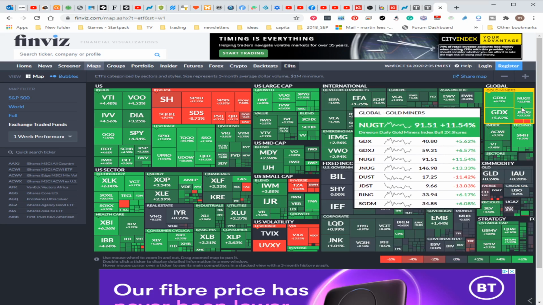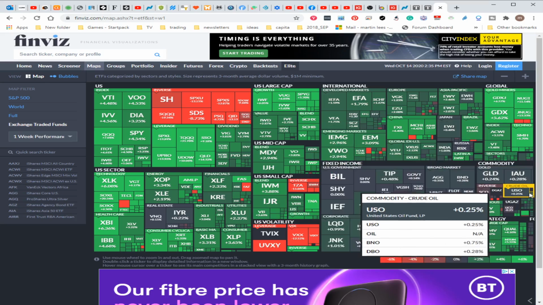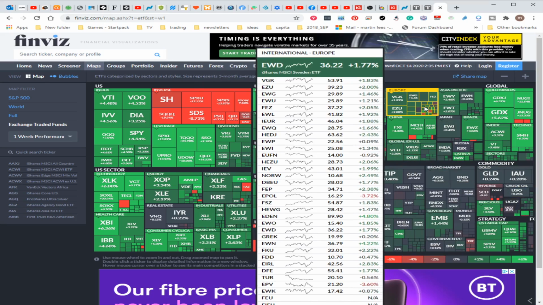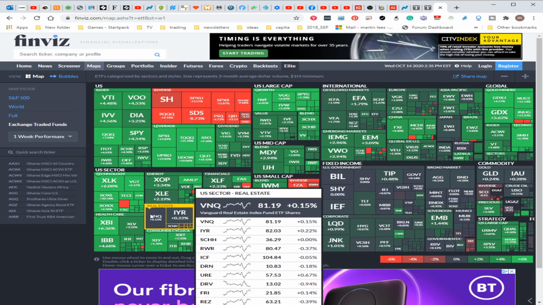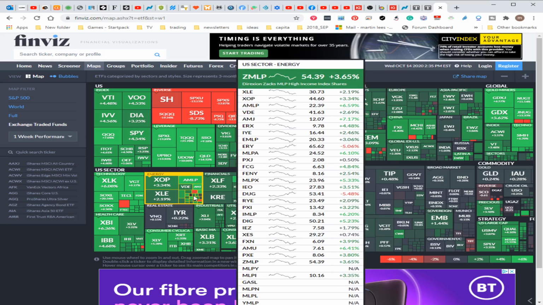That the gold miners are doing okay. So this is a great tool to identify areas that you can invest in.